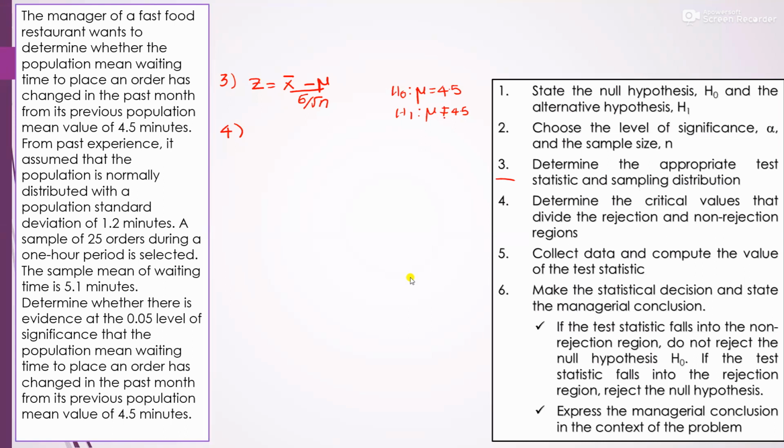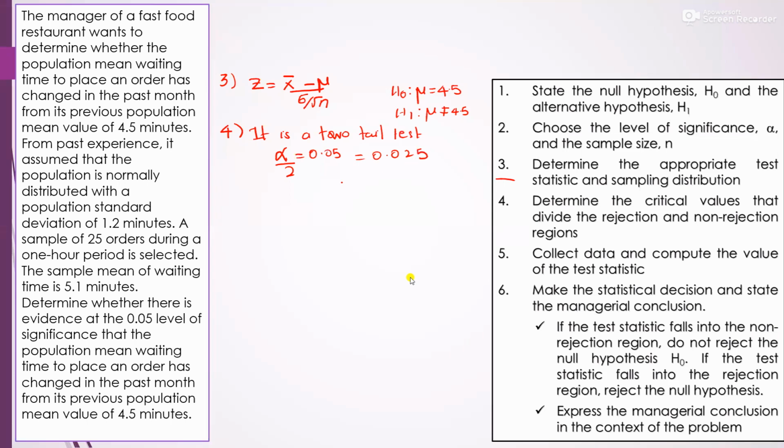Since it has a not equal sign, the test is a two-tail test, decided based on the alternative hypothesis. Then your alpha is 0.05. Alpha by 2, as it is a two-tail test, so this alpha should be equally divided for both tails. That is 0.025.